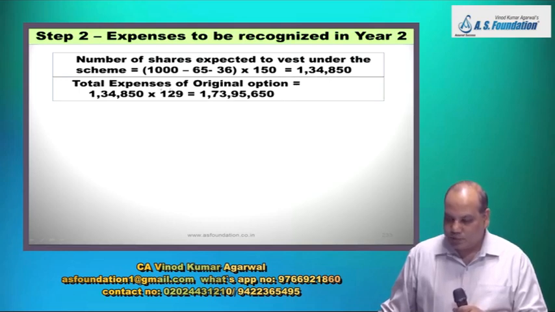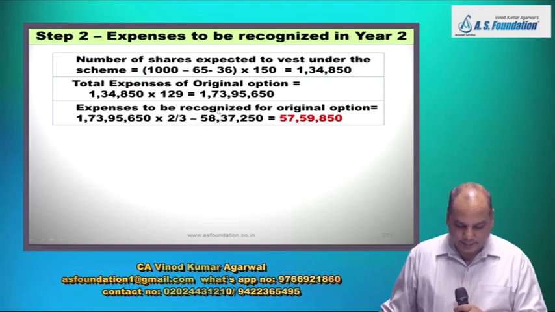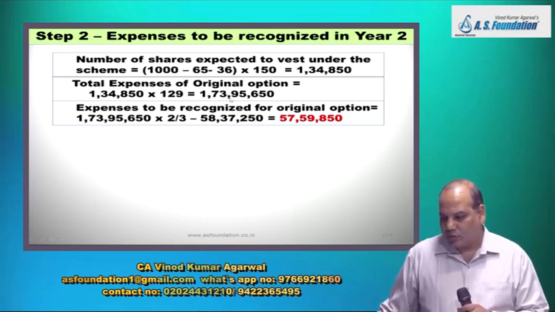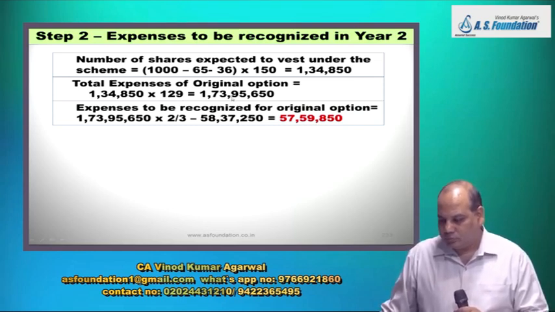Then write down total expense of the original option. Multiply 134,850 into 129. That is 173,95,650.